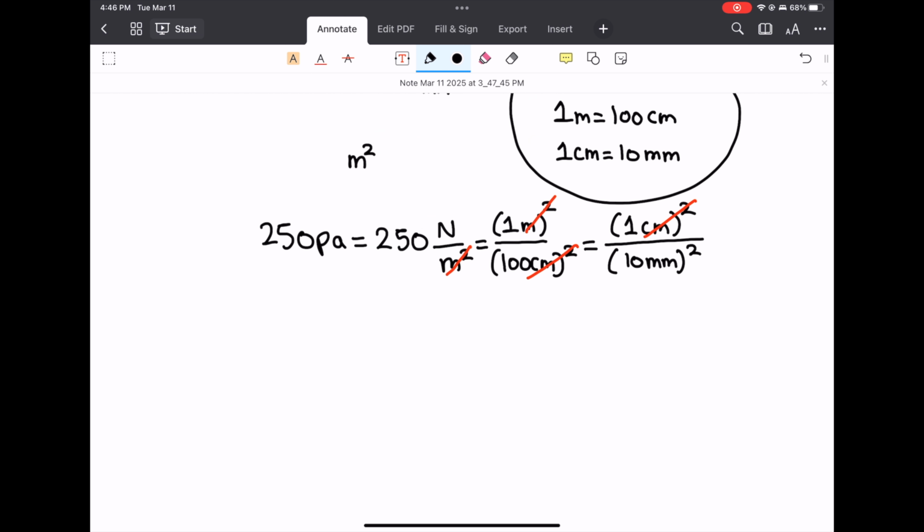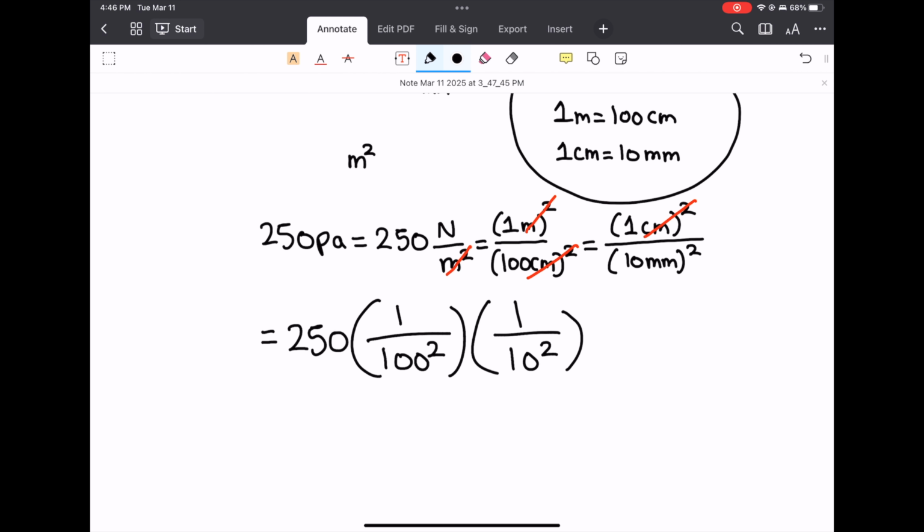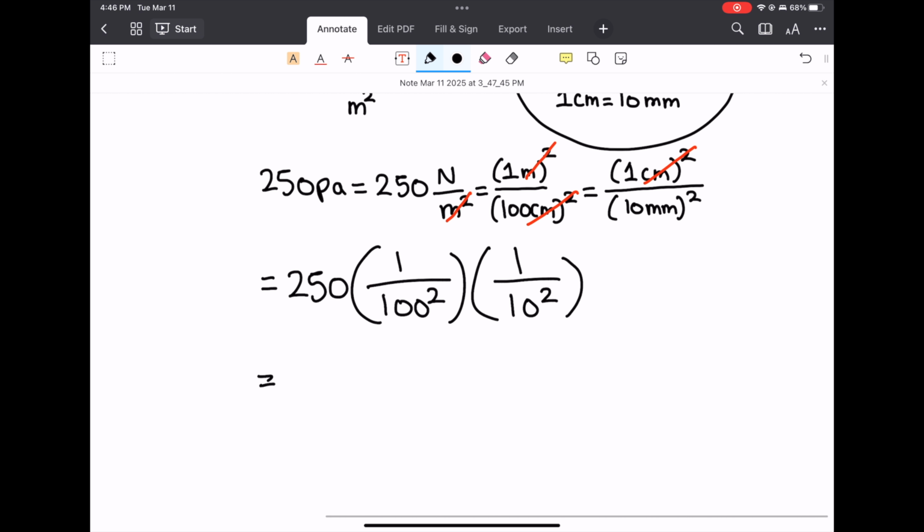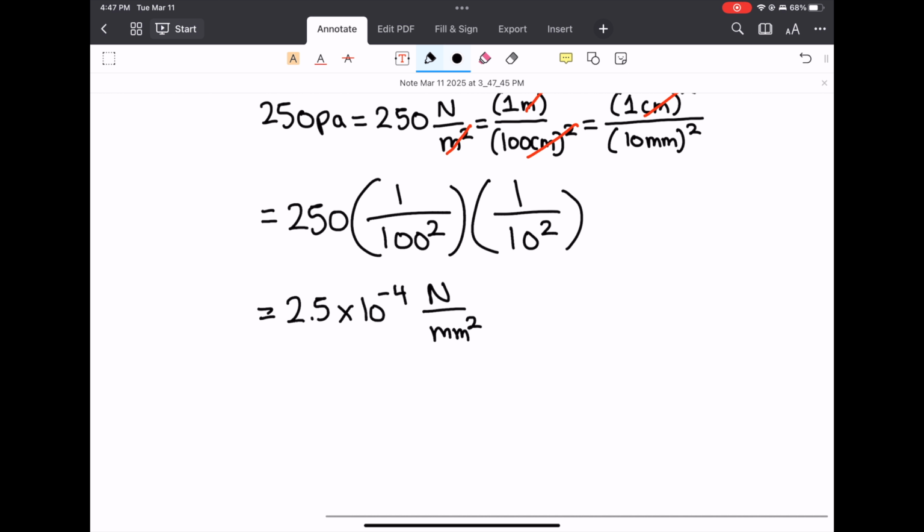So let's put this in the calculator exactly like this: 250 times 1 over 100 squared times 1 over 10 squared. And let's see what we get. We get 2.5 times 10 to the negative 4, and we're left with newtons in the numerator and millimeter squared in the denominator.